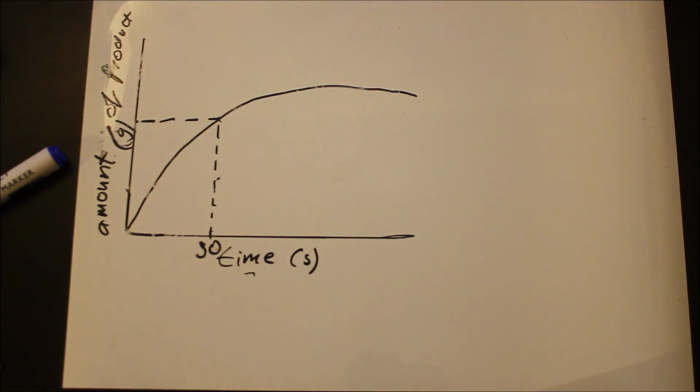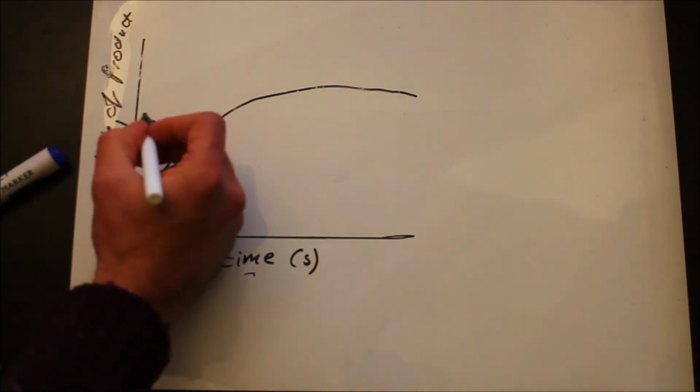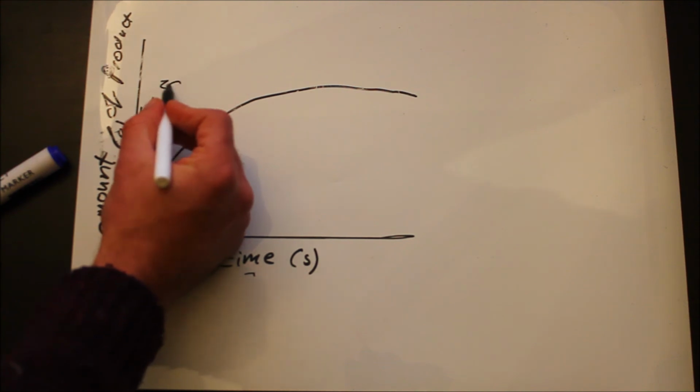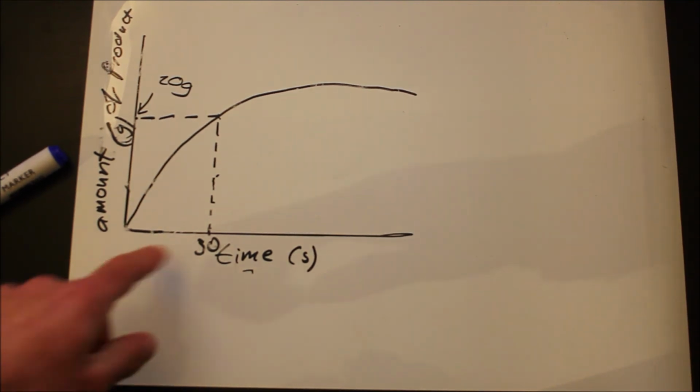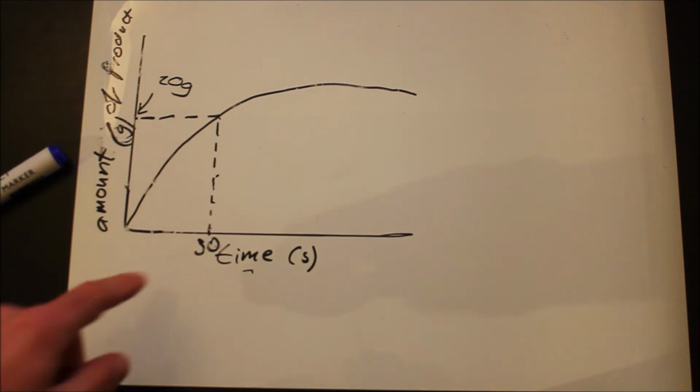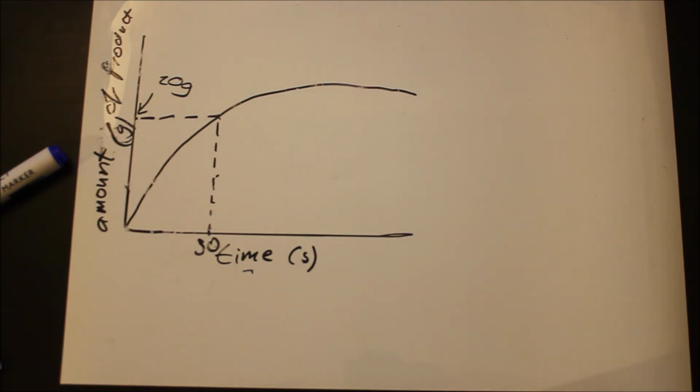And say, for example, your units there are 20 grams. Again, then your mean at 30 seconds, or between 0 and 30 seconds, would be 20 grams divided by your time, 30 seconds, and that would give you your rate.